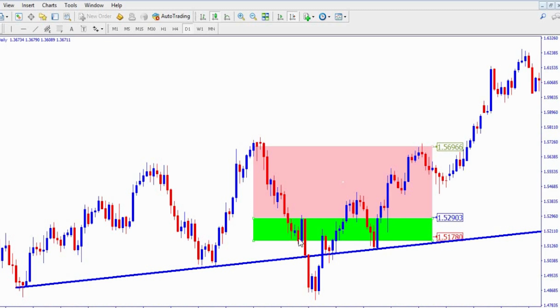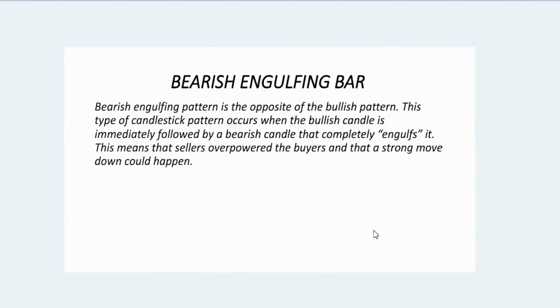I used this structure here as my stop. So price moved in that direction. Some may have loved to put their stop at this structure. It just depends on you. But I weigh my stop, my risk to reward ratio, like I said in the previous videos, 1:5. So I go for such trades.